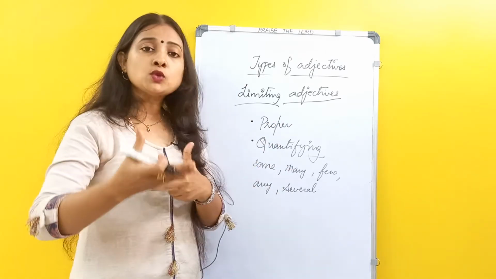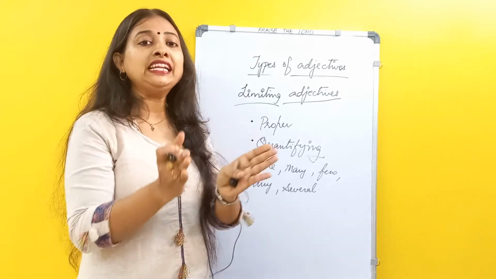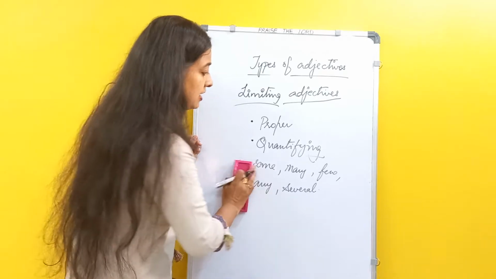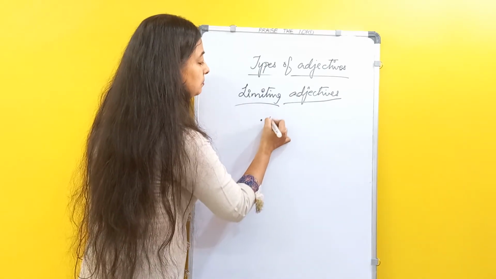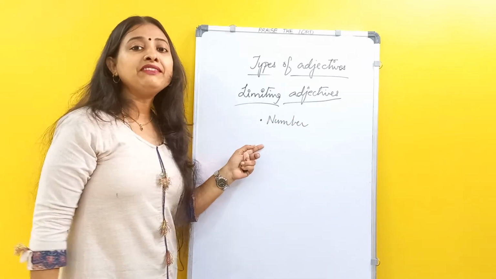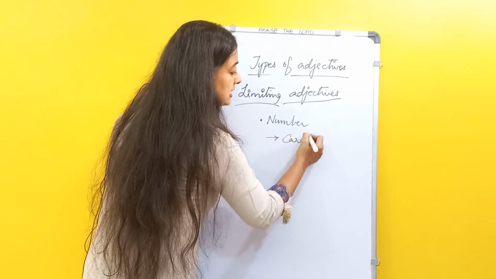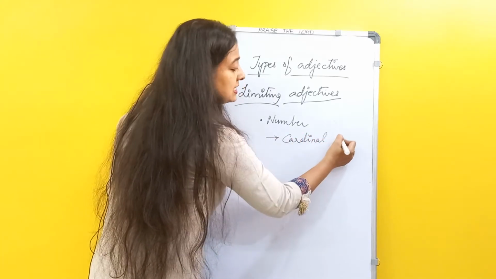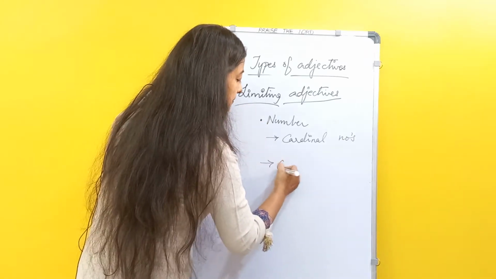But there is another quantifying way wherein you will be particularly telling about the number. If the number is told in particular, this number can even be expressed in two ways: cardinal numbers and ordinal numbers.